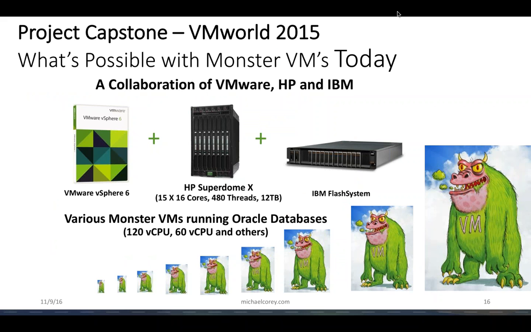I'm always amazed at how many people have never heard of Project Capstone. Project Capstone came out in 2015 at VMworld. And what was really interesting about Project Capstone was that they attempted to take the biggest VM they could think of, put it in the biggest, baddest HP Superdome X on a flash storage array, and run it through a huge benchmark and see what happens.